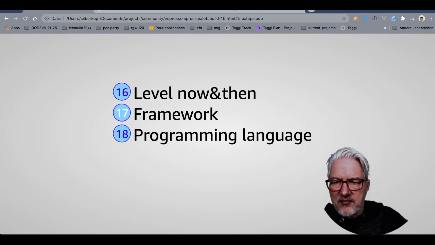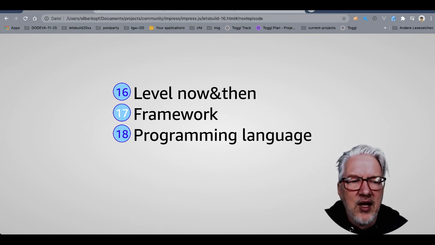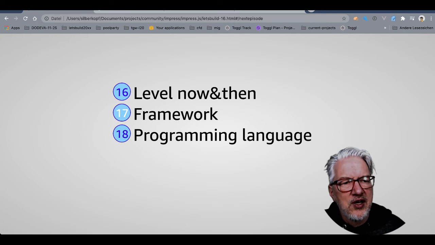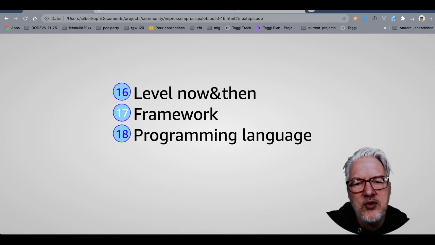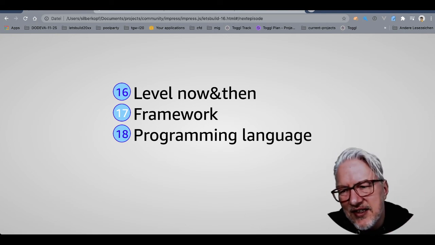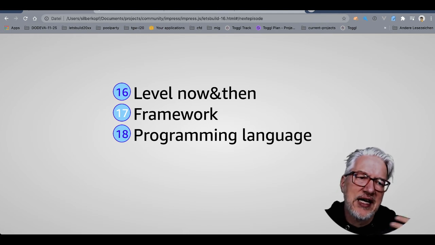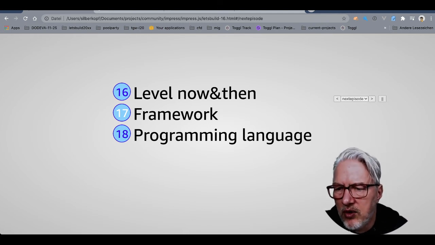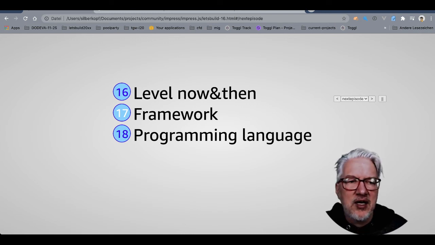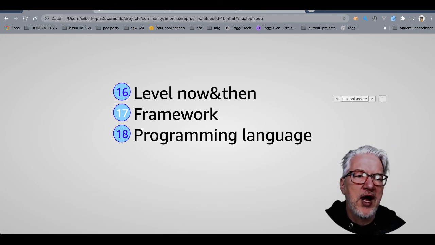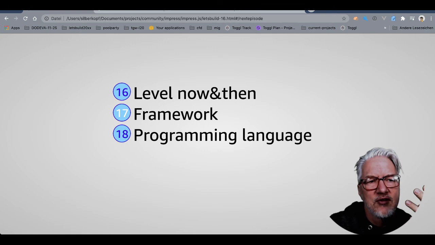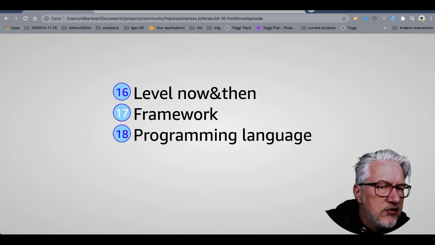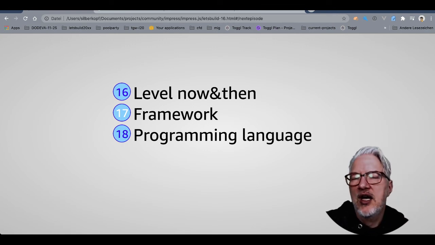And this is what I wanted to show you as a starter, because next week I want to talk about the frameworks. And after that, I want to talk about the programming languages, because if you have a use case or a project, then you have to make choices.